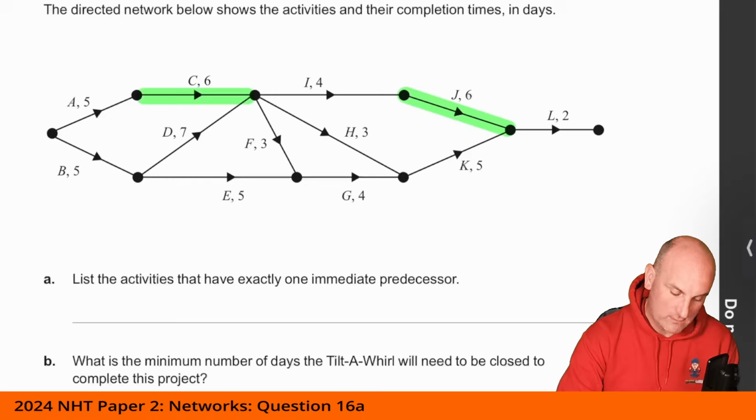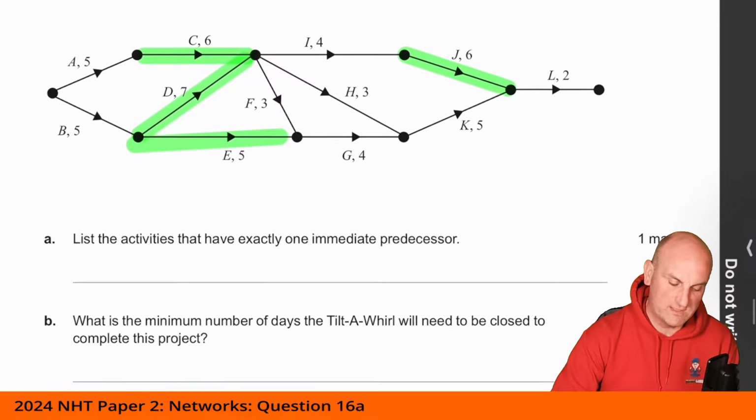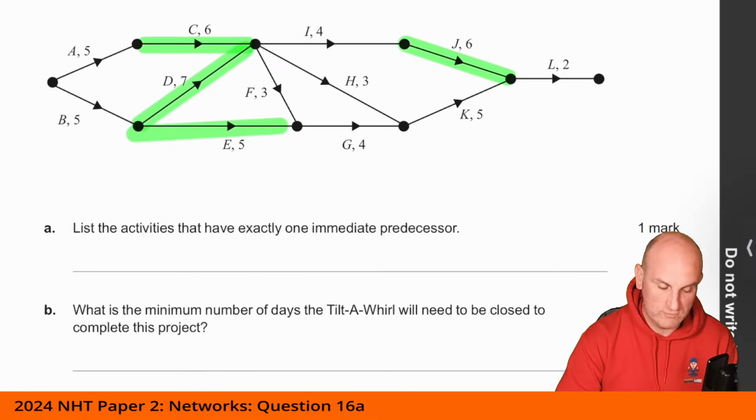Hold on. There's only one line going into that dot there, which would suggest that both D and E also have one immediate predecessor. And these types of questions have tripped me up so often, it becomes really irritating. But it is C, D, E, and J.